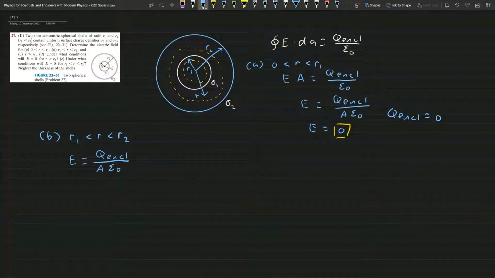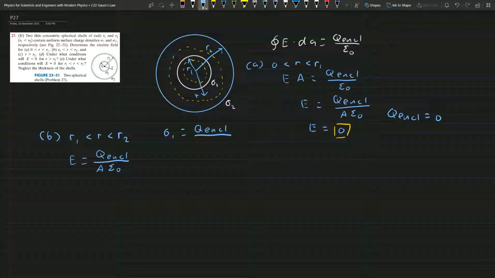And in this case we know the sigma 1 is defined by the charge density. So let's say they have a charge Q, which is the charge enclosed by the surface we choose. So we can write this as the charge enclosed over the area.